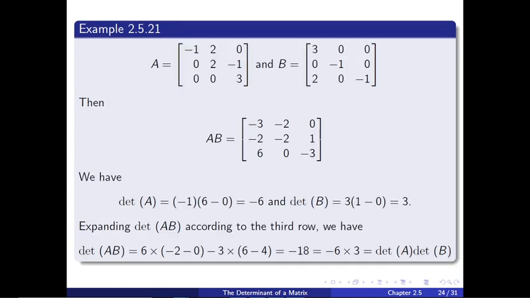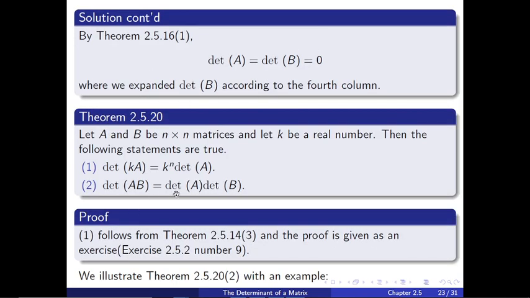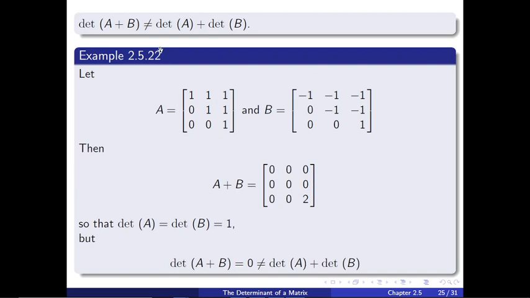So if we look at this, we see that determinant of AB is equal to determinant of A times determinant of B. But however, determinant of A plus B is not equal to the determinant of A plus the determinant of B. And we're going to illustrate this with a counterexample, 2.5.22. So we have A as that and B as that and A plus B as that.